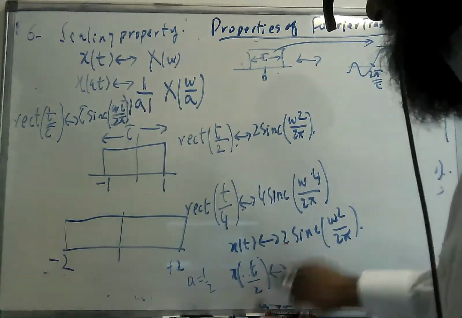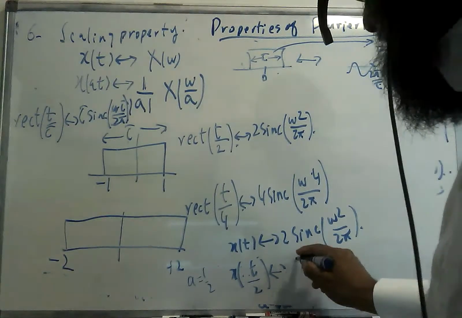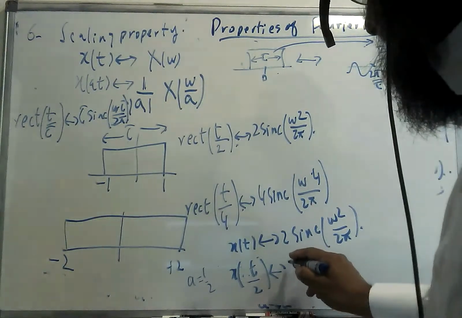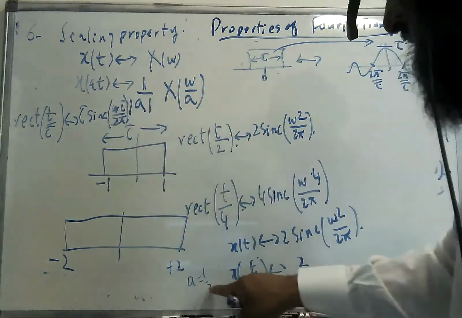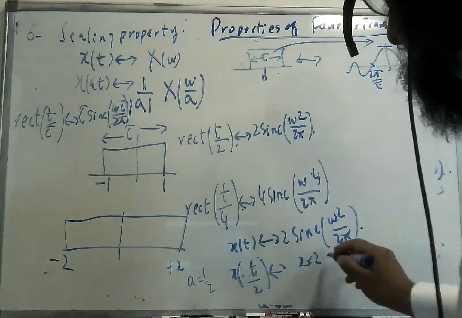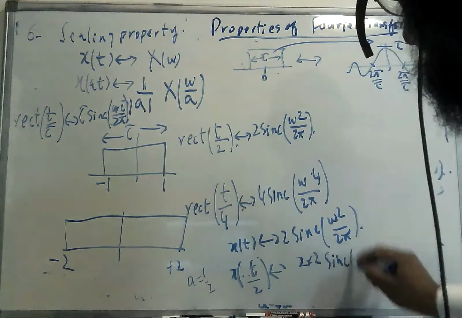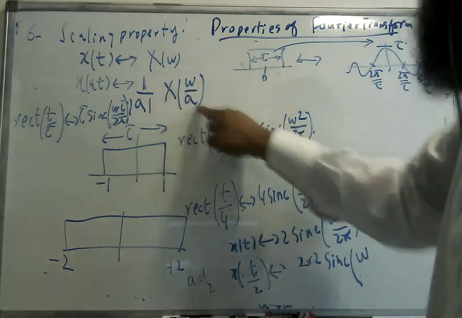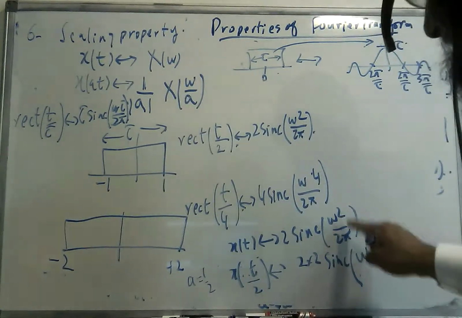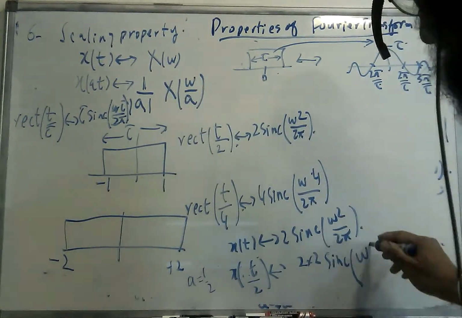So it is 2 over a, so 2 multiplied by 2 sinc, and omega over a. So I divide omega by 1 over 2, so my result will be omega 4.